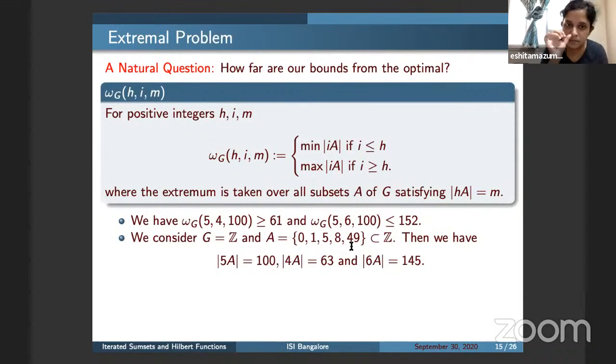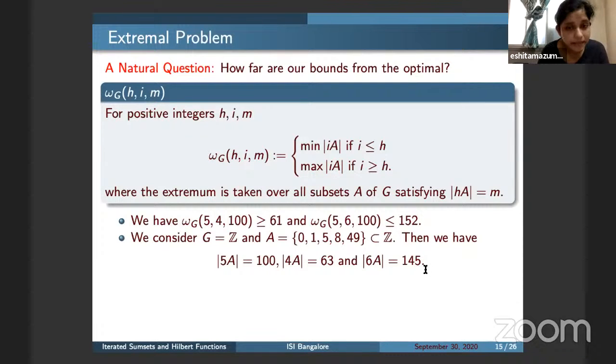But we have a much better bound if we took G equal to Z. We observe that if my group is Z, then for this set, we will have that cardinality of 5A is 100, cardinality of 4A is 63, and cardinality of 6A is 144.